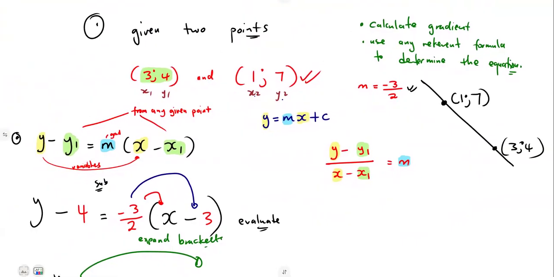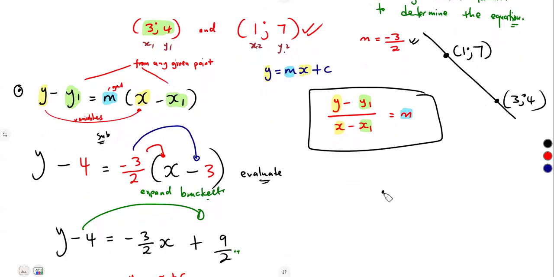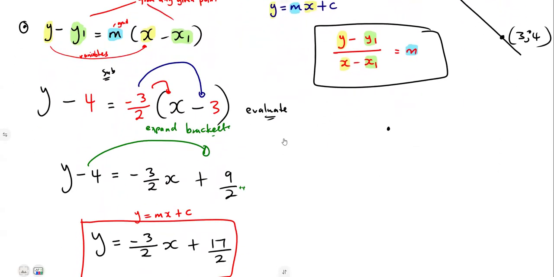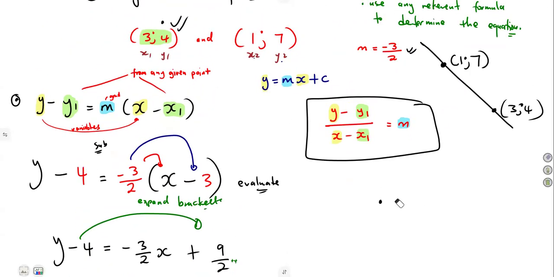All right. So like I said, this formula and this one are simply the same. If you're using this formula and use the first point, you must also obtain the same answer. These are just different ways of expressing our equation of a straight line. So this one, you're going to have y.